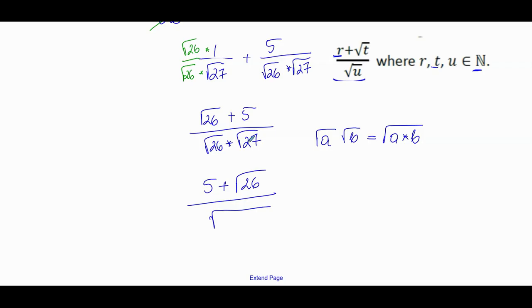You put 26 by 27 in your calculator, not the square root, because our calculator will simplify the square root out, and we want it to remain a square root. So 26 multiplied by 27 is 702. And there it is, we fulfill all the terms and conditions of our answer here.